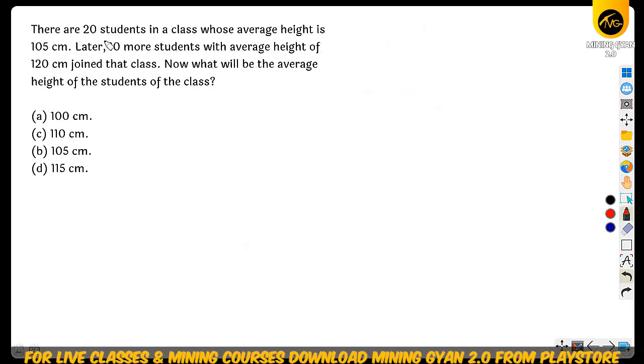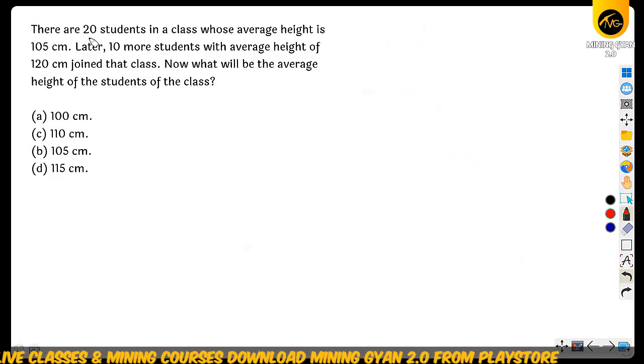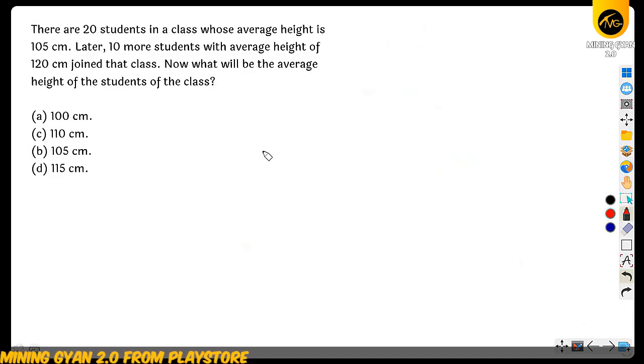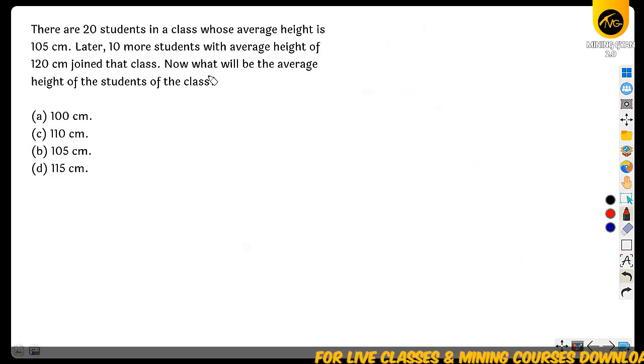Okay, another question is, there are 20 students in a class whose average height is 105 centimeter. Later, 10 more students with average height of 120 centimeter join that class. 10 more students join that same class and the height of those 10 students is 120 centimeter already.